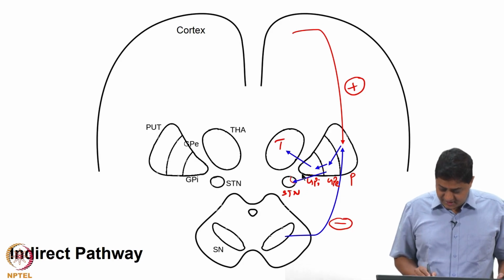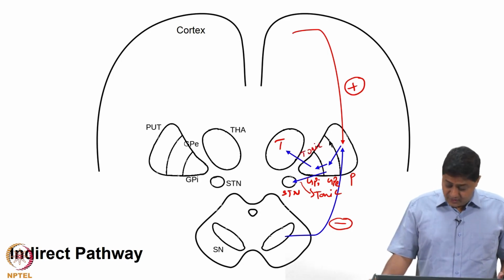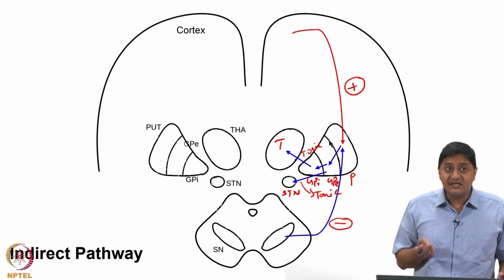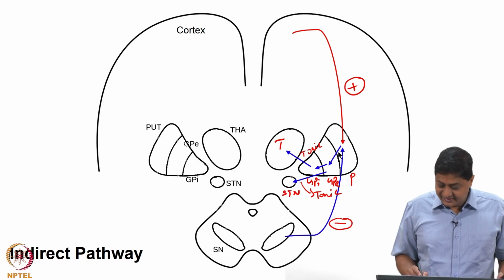Note this connection from the globus pallidus external to the subthalamic nucleus is actually tonic, just like the connection from the globus pallidus internal to the thalamus is tonic. So, the activity of the subthalamic nucleus is increased for a brief amount of time by the transient input received by the GPE.